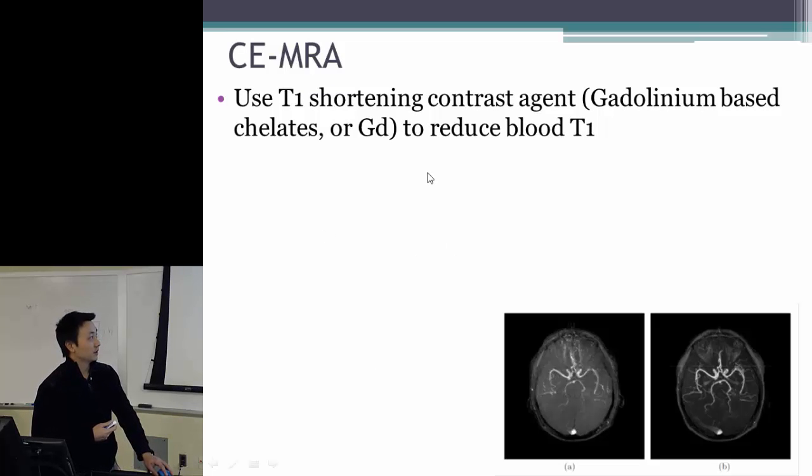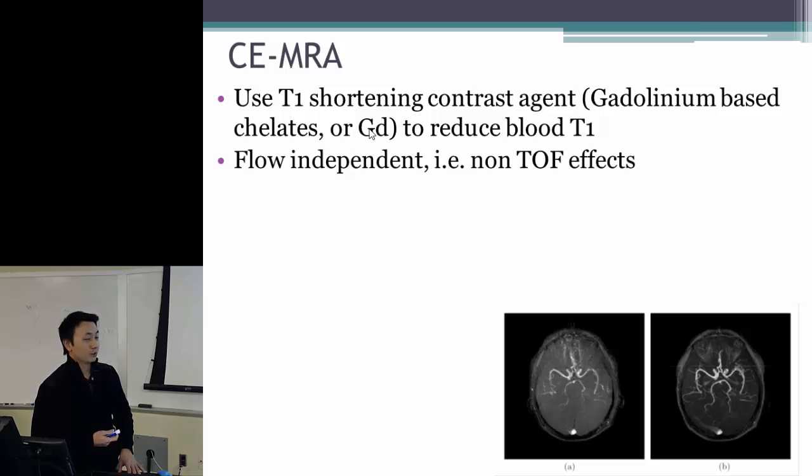As we saw before, the contrast agent is a gadolinium-based chelate, or usually we just use Gd to represent it. There are several products, but all of them are very good at reducing the T1 of the blood.